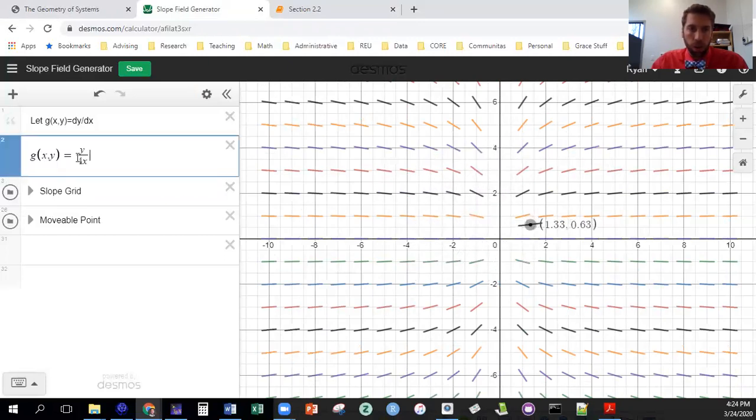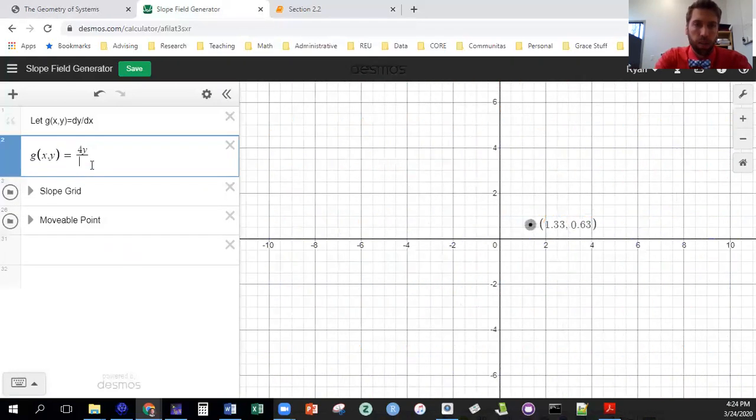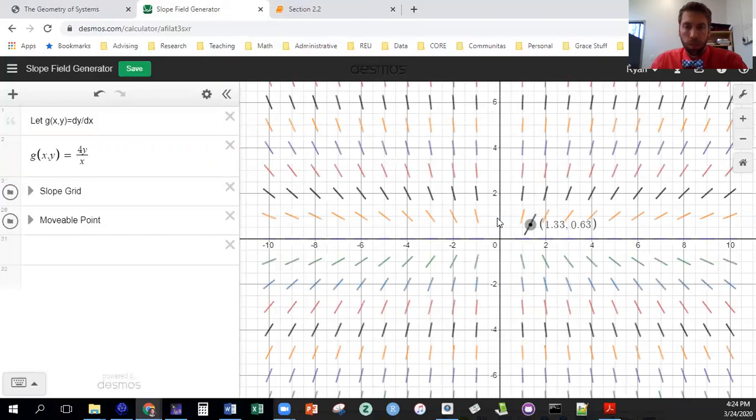And then for part C, you would do 2y over x over 2, which would be 4y over x. So you get that.